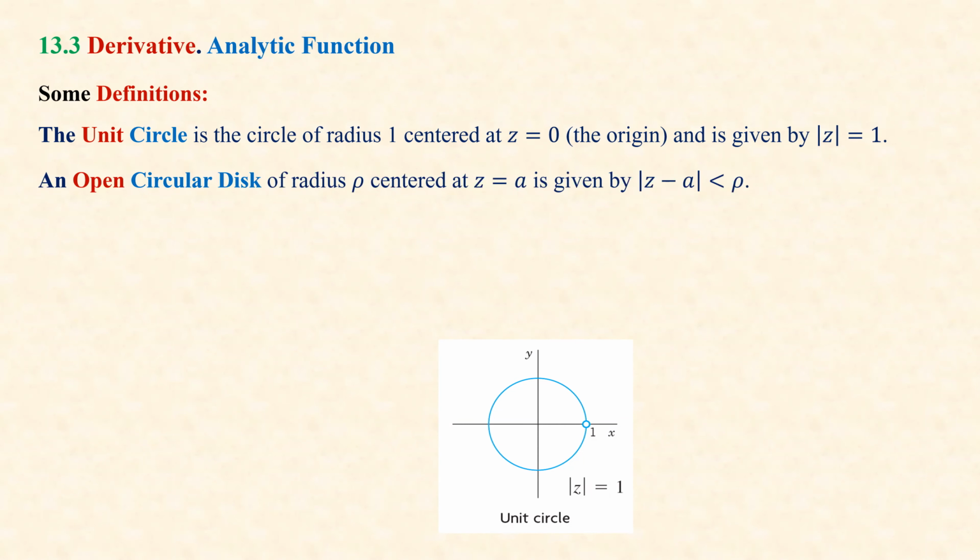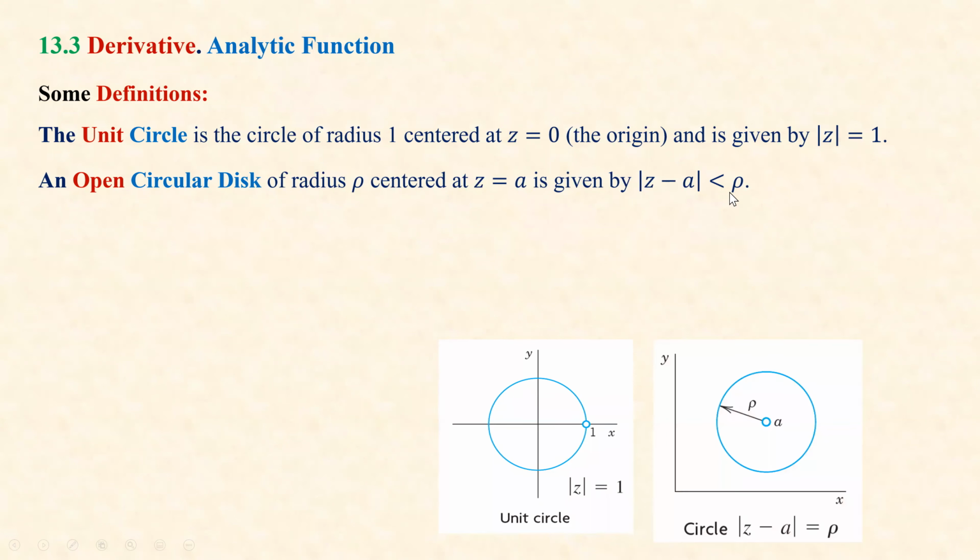What is the open circular disk of radius rho centered at z equal to a? z equal to a is a complex number. If you have an open circular disk around a with the radius rho, so we have this, |z minus a| equal to rho. This circle is given by |z minus a| equal to rho, which means all the points in the complex plane that have a distance to a of rho.